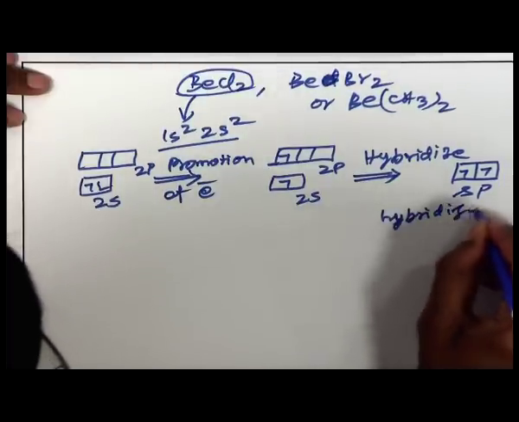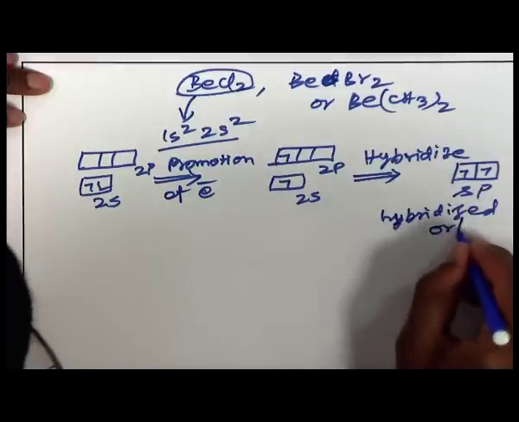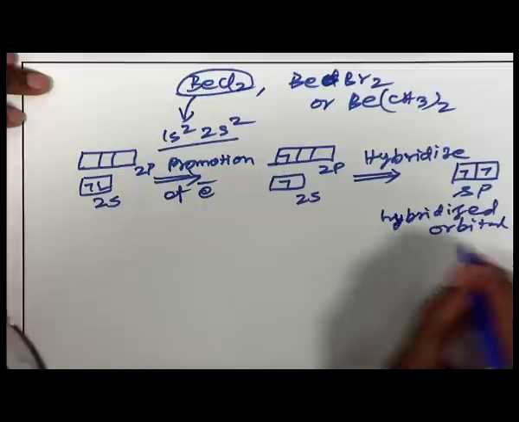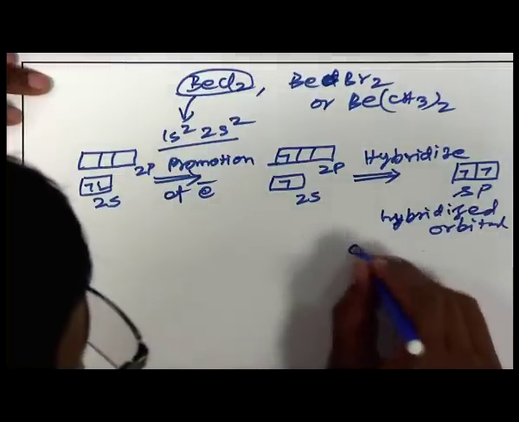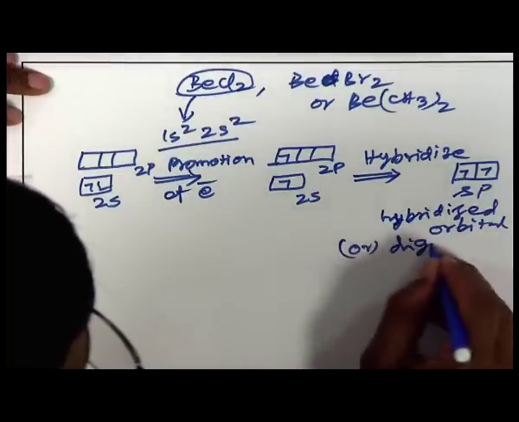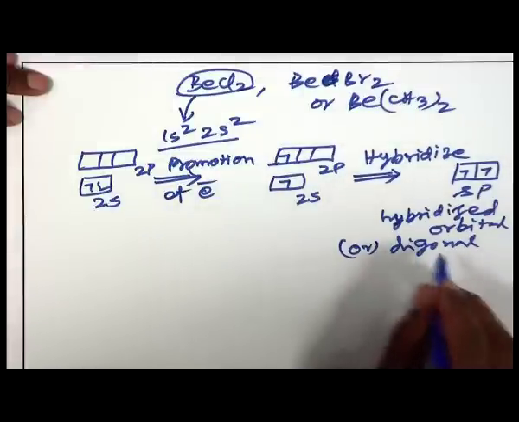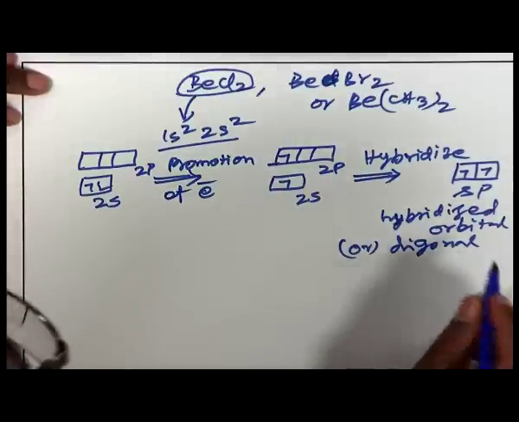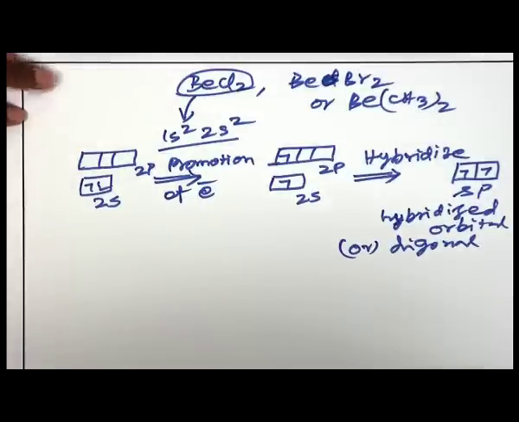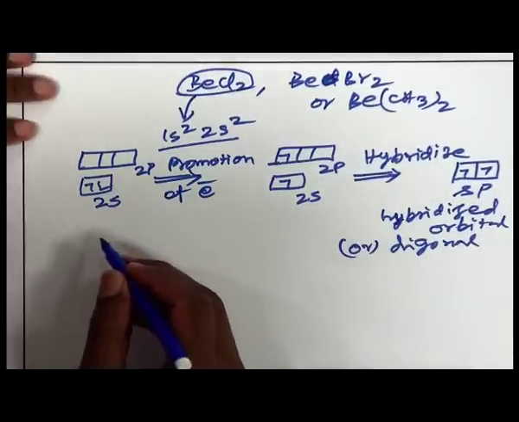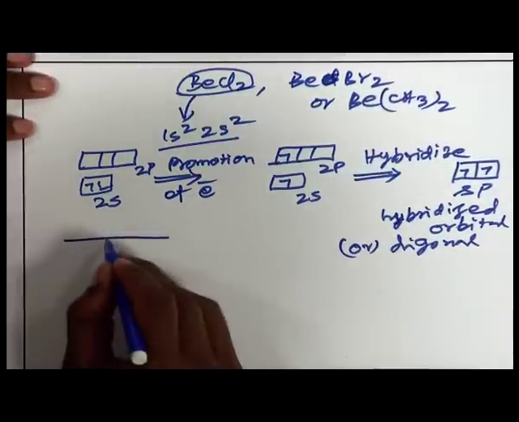These are the sp hybridized orbitals, or diagonal hybridized orbitals. How do they look? We can draw that in this way. Here is the z axis.